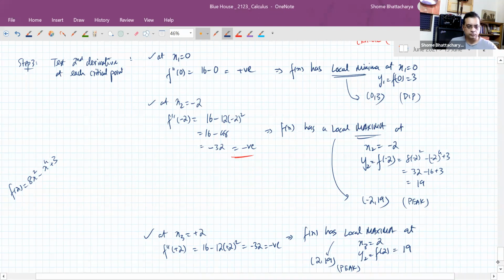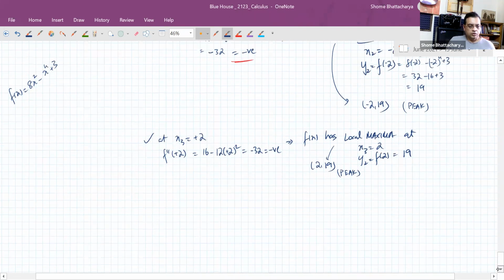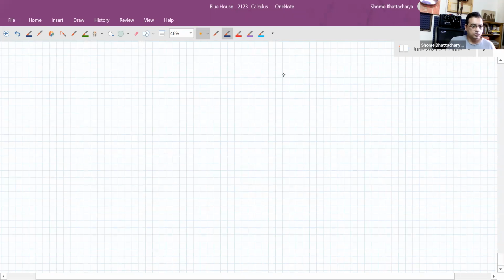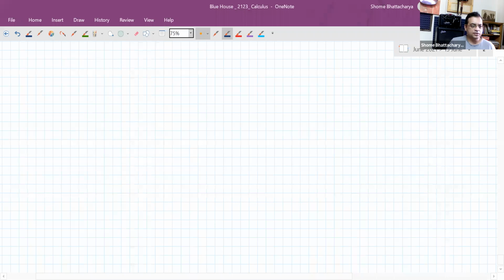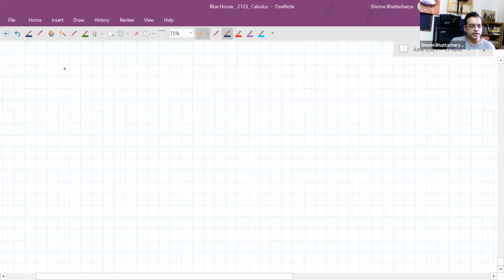Okay, people. Now see, not only have we got all this useful information about the local maxima and minima, additionally we can also look at the behavior of the function.